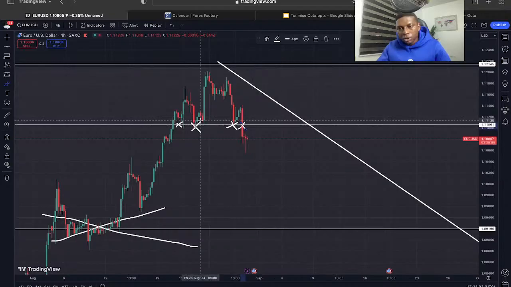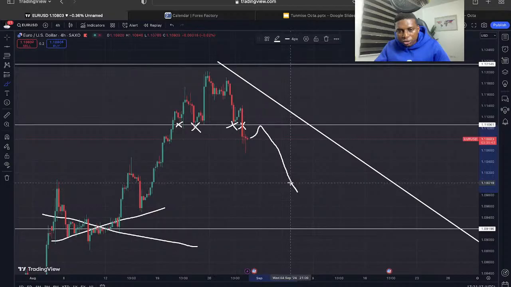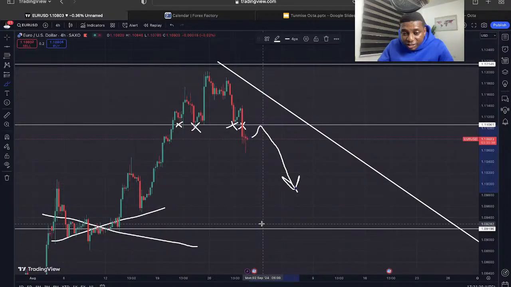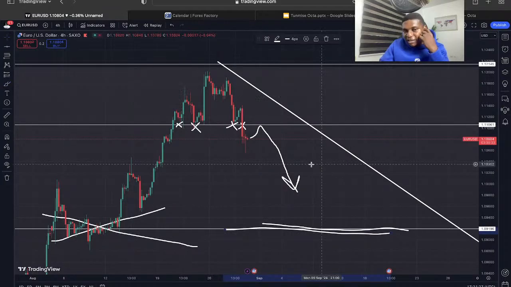This support zone here on this 4 hours time frame would now be acting as a resistance zone, because when price now pushes up here and then continues to fall, up until this next support zone, if there are no pullbacks upwards, then price will continue to fall from this level.